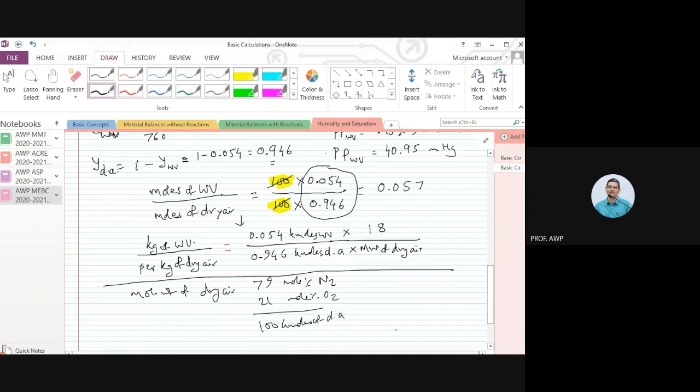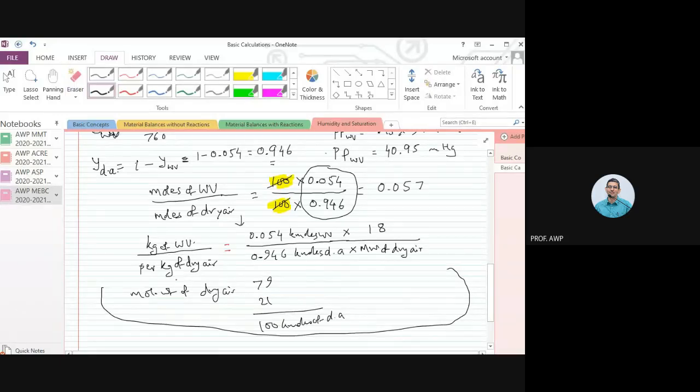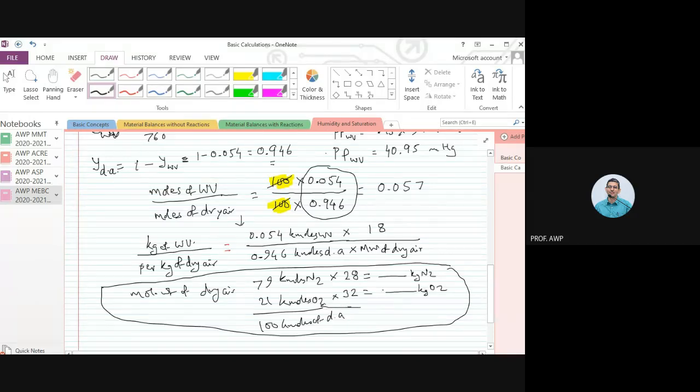I have 79 kilomoles of nitrogen and 21 kilomoles of oxygen. 79 kilomoles of nitrogen would be 79 multiplied by 28 kgs of nitrogen. 21 kilomoles of oxygen will be 21 multiplied by 32 kilograms of oxygen. If I add them up, this will be the total kgs of dry air.